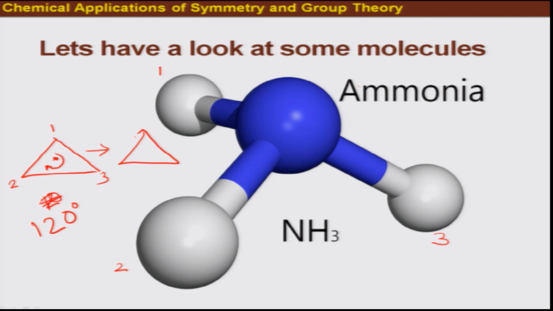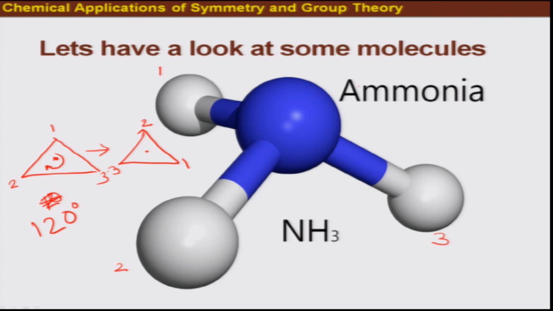I will get again a triangle, because this is an equilateral triangle. Any rotation about this center point, if I give a 120 degree rotation, then I will get again an equilateral triangle. So, here if I give a rotation which is clockwise, then what will happen? This 1, which was earlier at the top, will come now here, 2 will go here and 3 will come here.